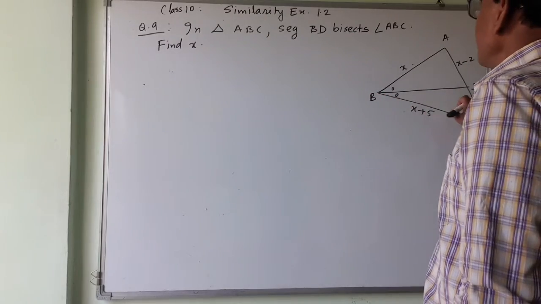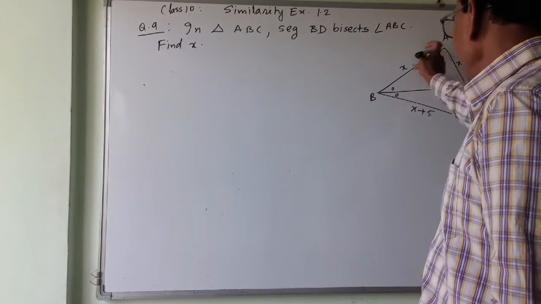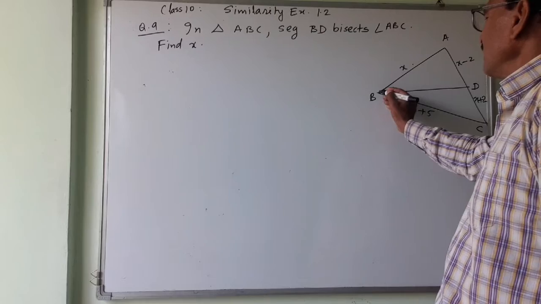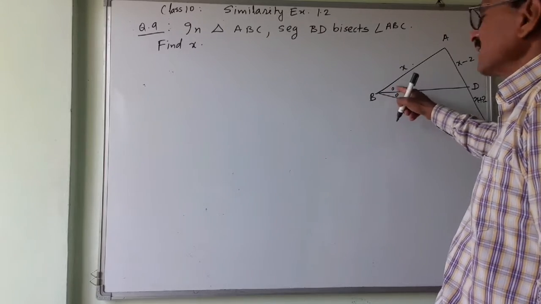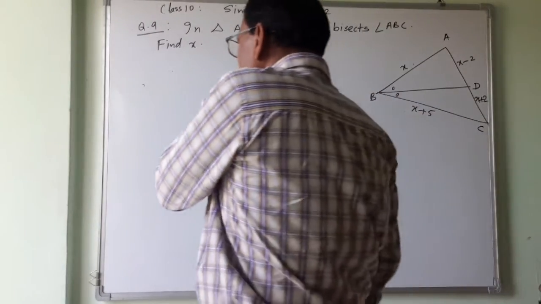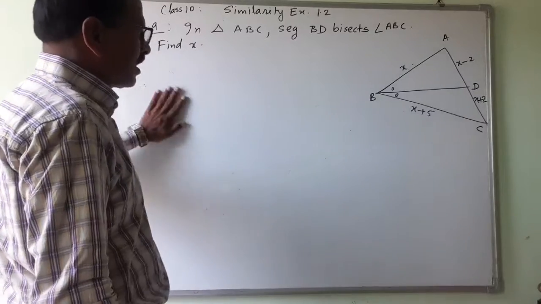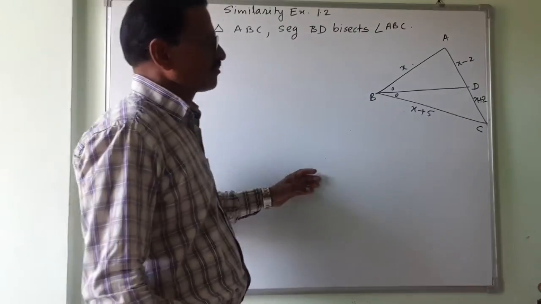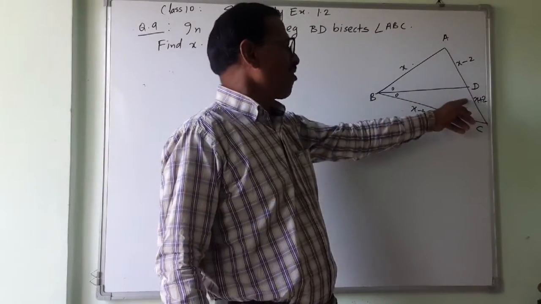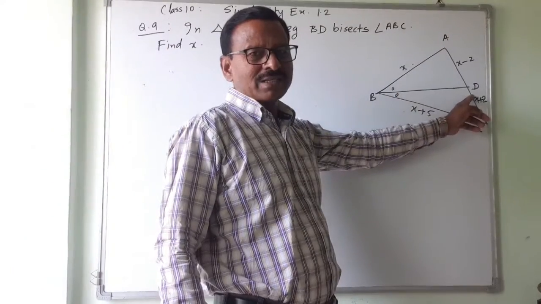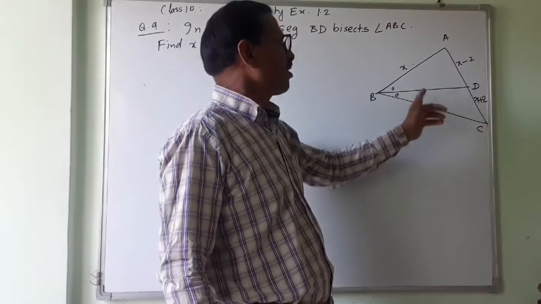Segment BD is the angle bisector of ABC, means of angle B. This sign also indicates that this is the angle bisector. So what is the property of angle bisector? The ratio of the two segments formed by the angle bisector is equal to the ratio of the two sides.